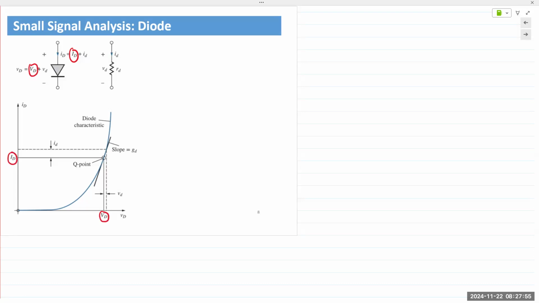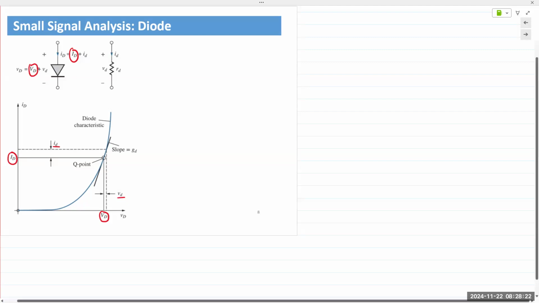That Q point, of course, comes from the external circuit, the external applied voltage. And so the Q point is fixed. Now, if you apply an AC input on top of the DC, our Q point is going to shift away. And that shift is represented by this lowercase id and lowercase vd.